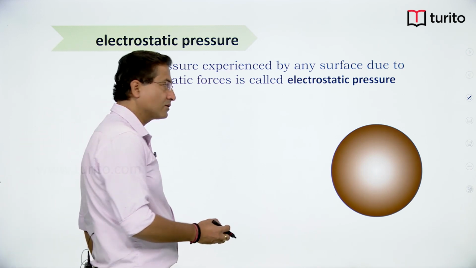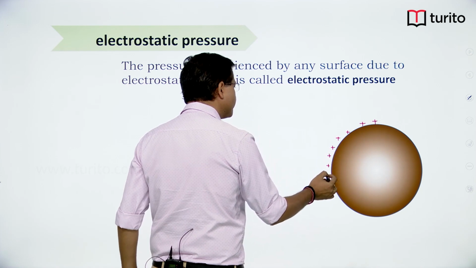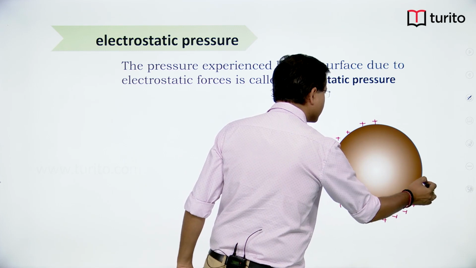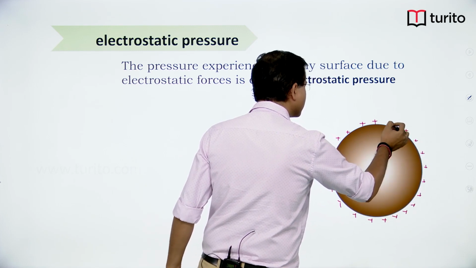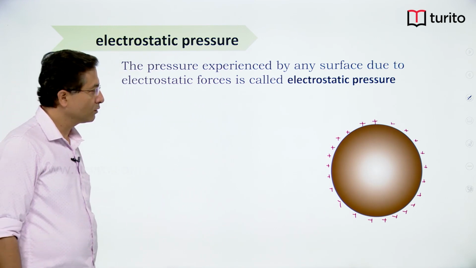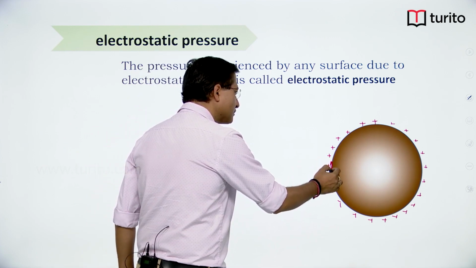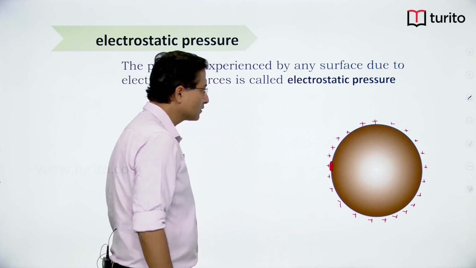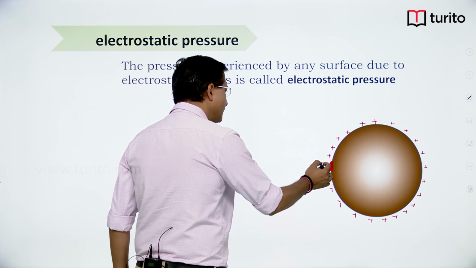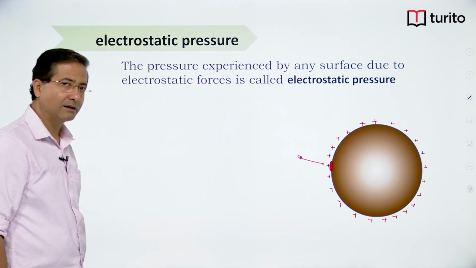If I give Q charge to this conductor, right, and I take a small part on the surface, the field at this particular point will be in this direction and the value is sigma upon epsilon naught, we have calculated that, right.